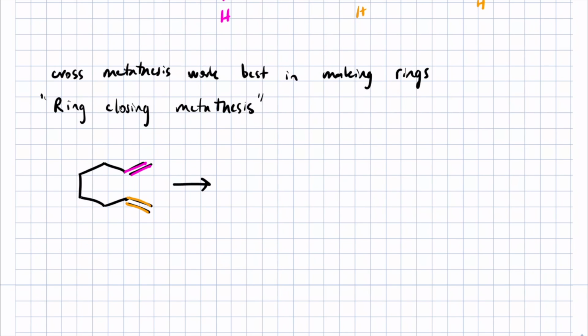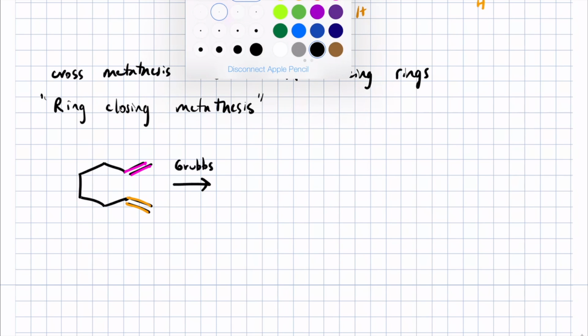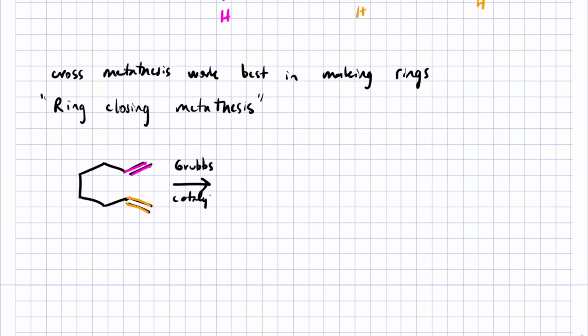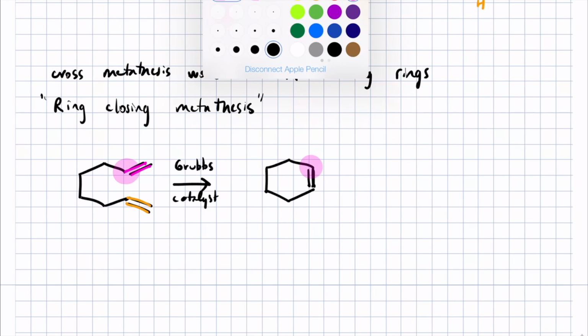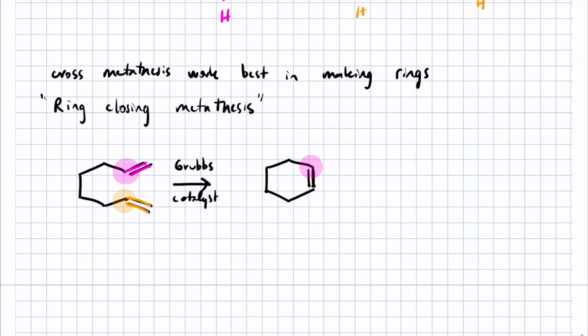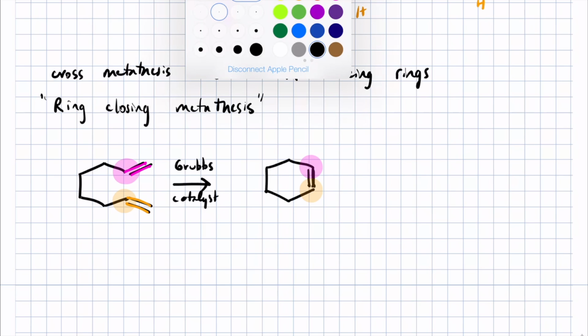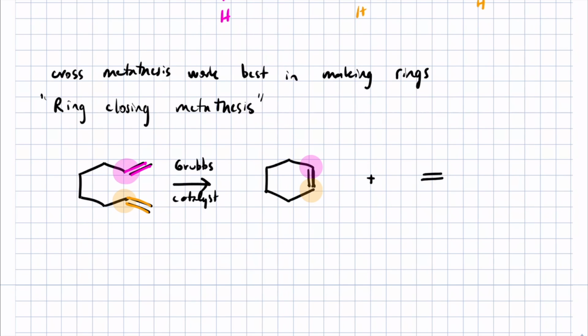If you add the Grubbs catalyst, you can make a new carbon-carbon sigma bond and pi bond between the orange and purple carbons that I've highlighted, and then of course you get ethylene as a byproduct, which bubbles off as a gas.